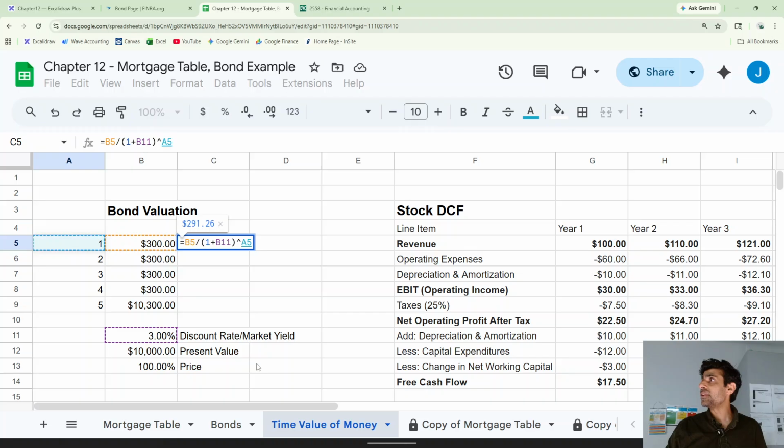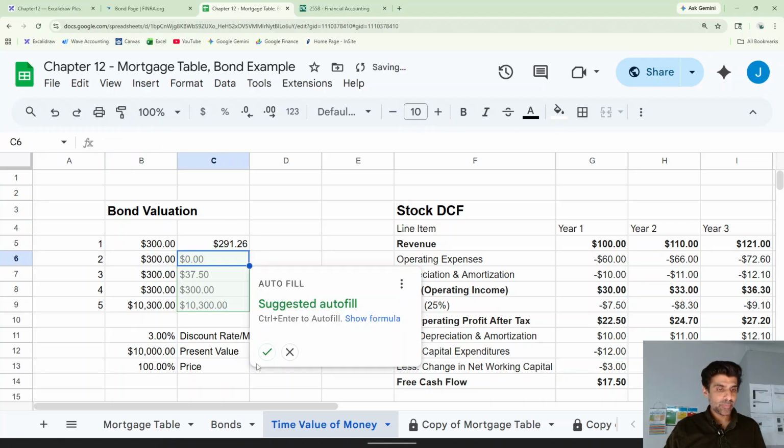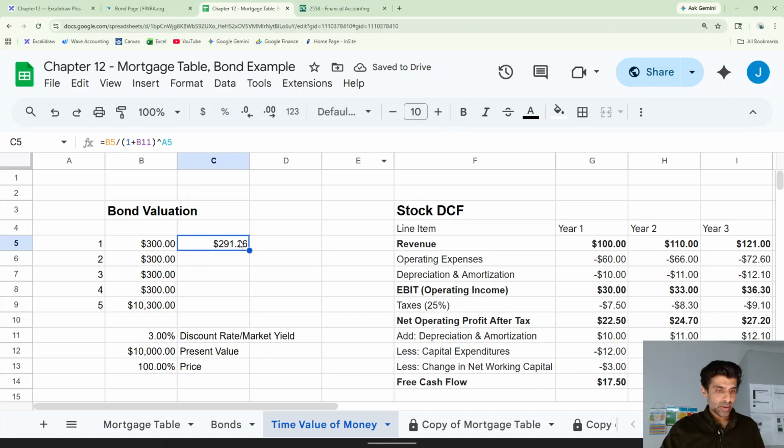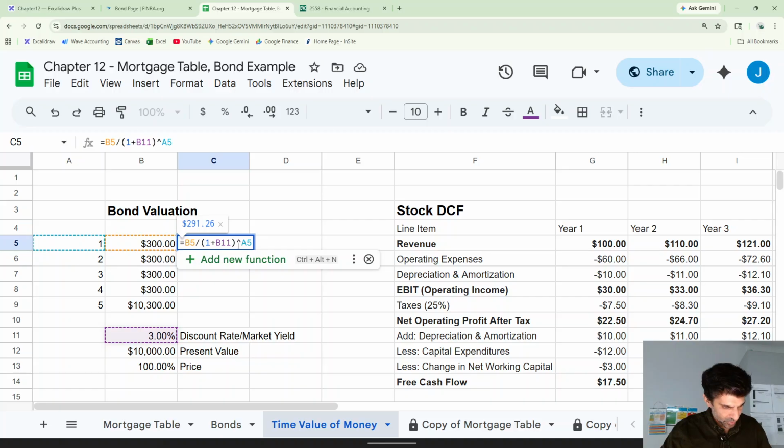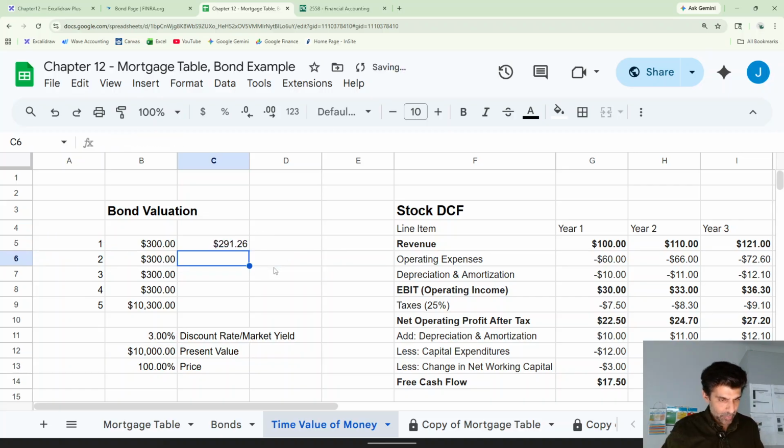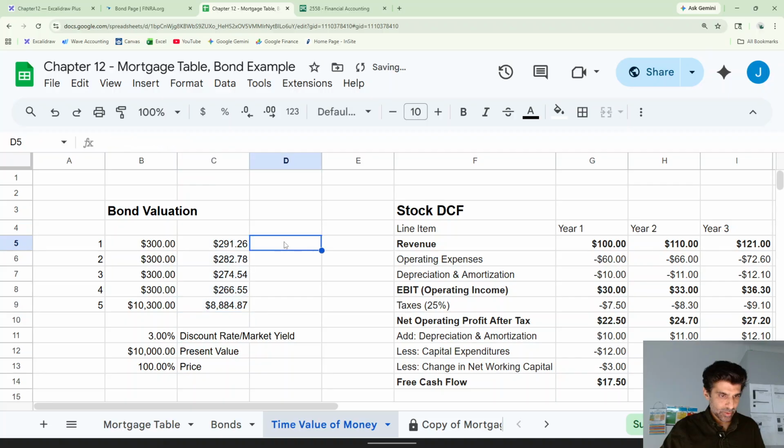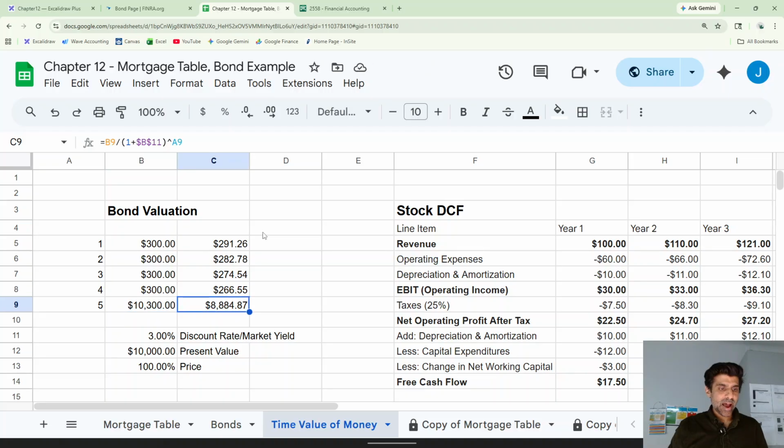In this case, it's the first year, 1 year. And actually, let me fix this. And now, if I just apply this downwards, you can see that each of these has a different present value.